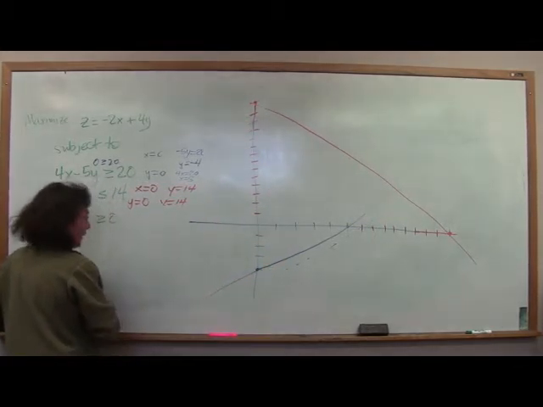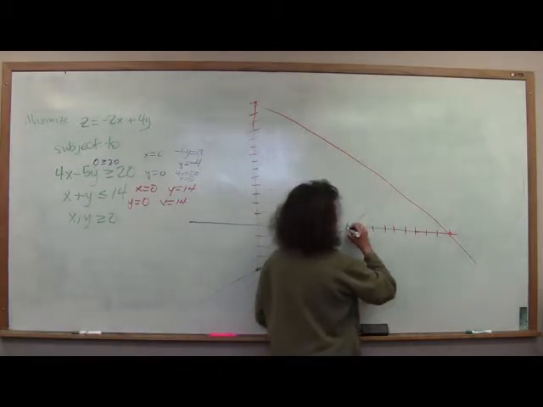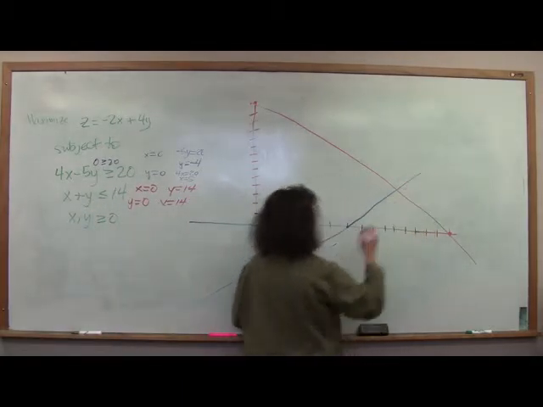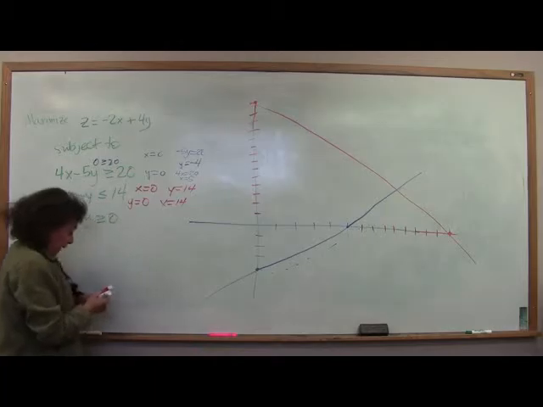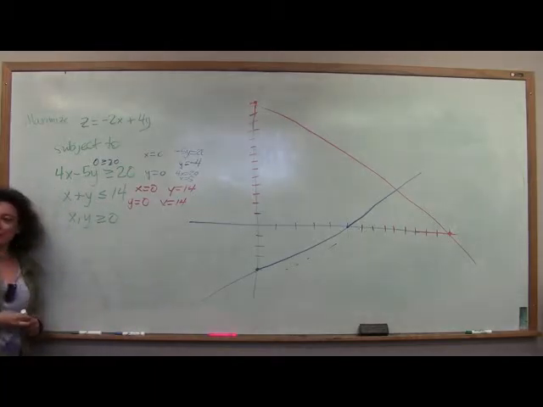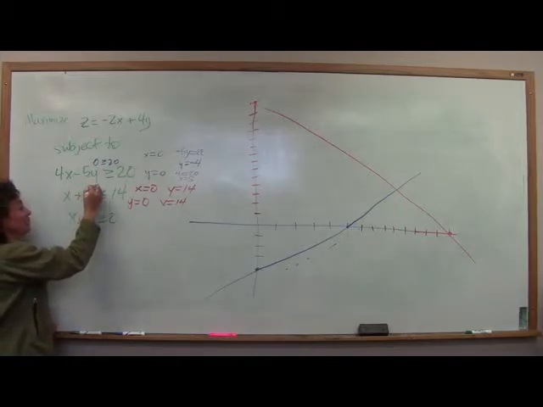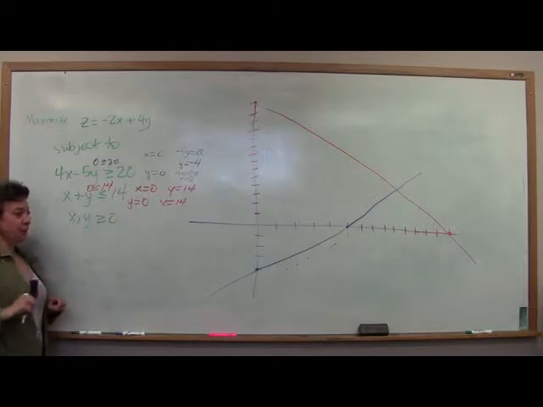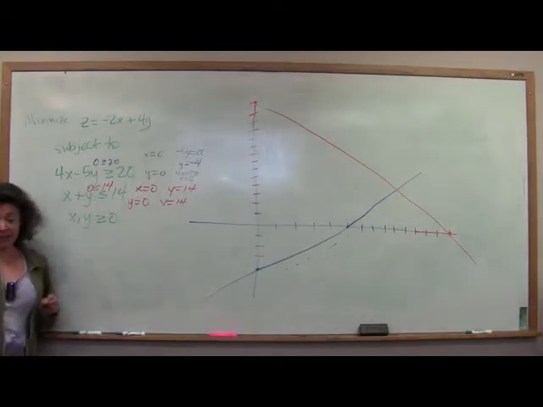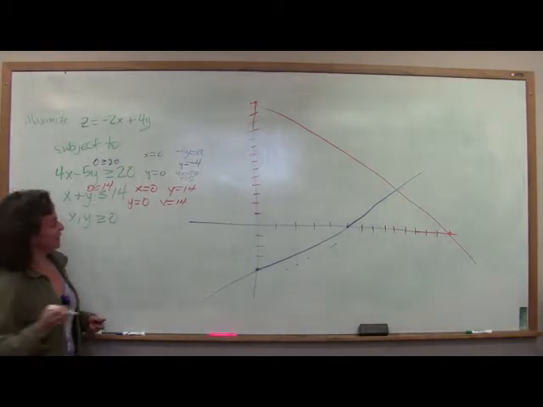All right, now we need to take a test point again. So, how about 0, 0? What an original idea, huh? Okay, so if I test 0, 0 in here, I get 0 is less than or equal to 14. And what are you all thinking? Of course it is.